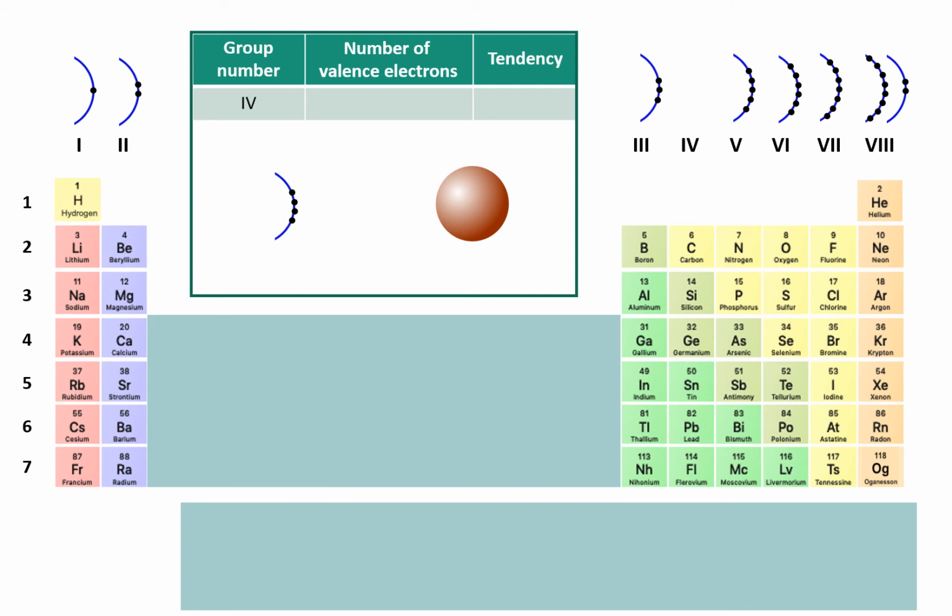The argument for group 4 is straightforward. Losing 4 electrons is as easy as gaining 4. Now, let's see how, by the same logic, groups 5, 6, and 7 are more inclined to gain electrons than to lose them.